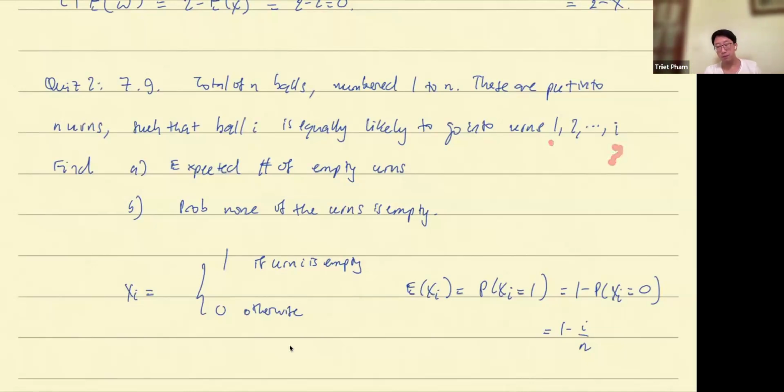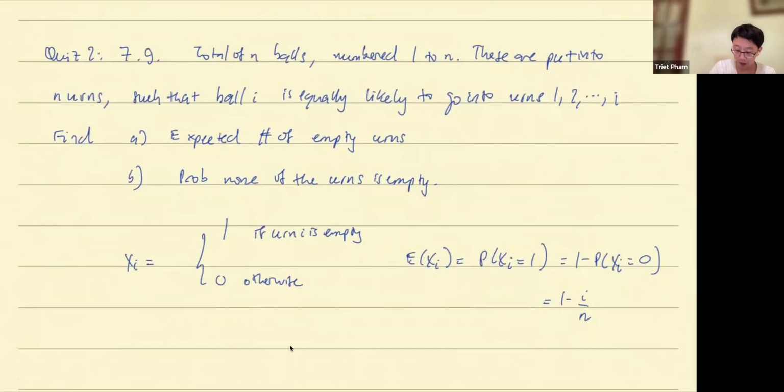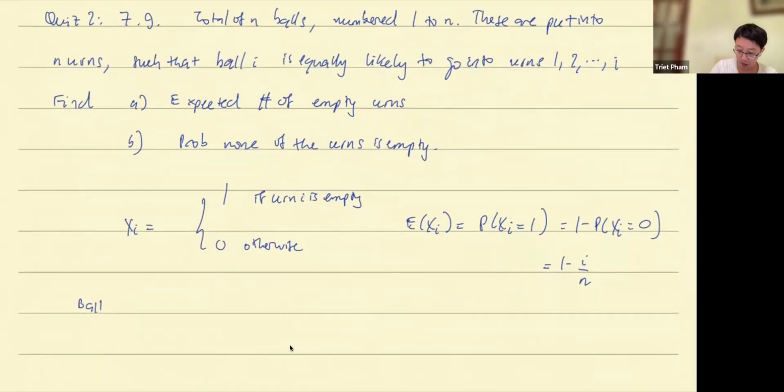What does that mean? That means that ball 1 is guaranteed to go to urn 1. Ball 2 can go to either 1 or 2.